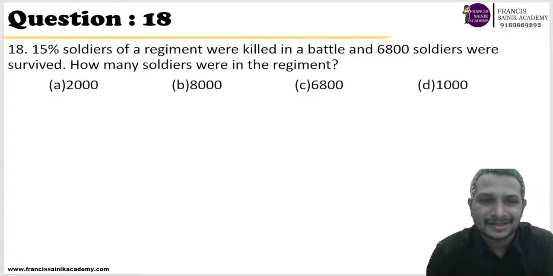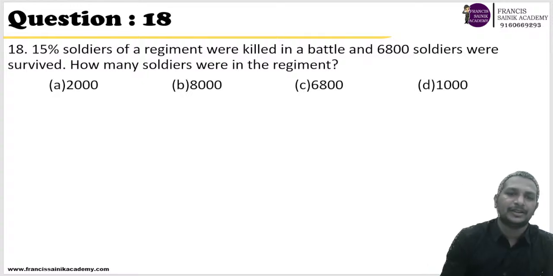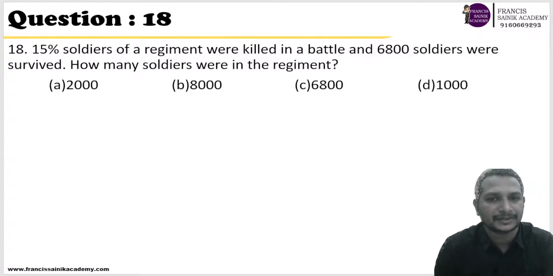15% of soldiers of a regiment were killed in a battle and 6,800 soldiers survived. How many soldiers were in the regiment? In this question, the regiment is nothing but a camp of soldiers.